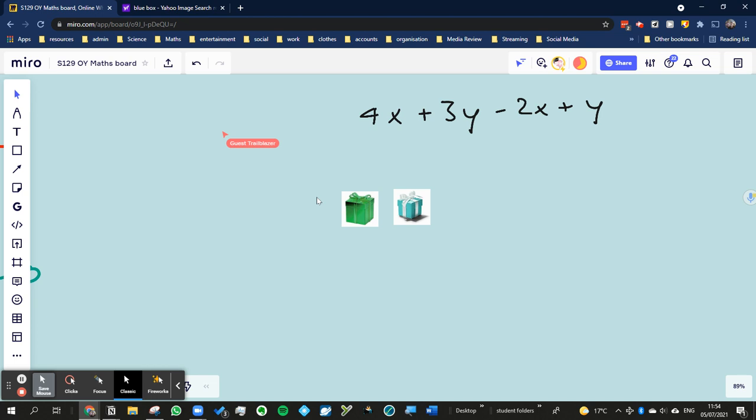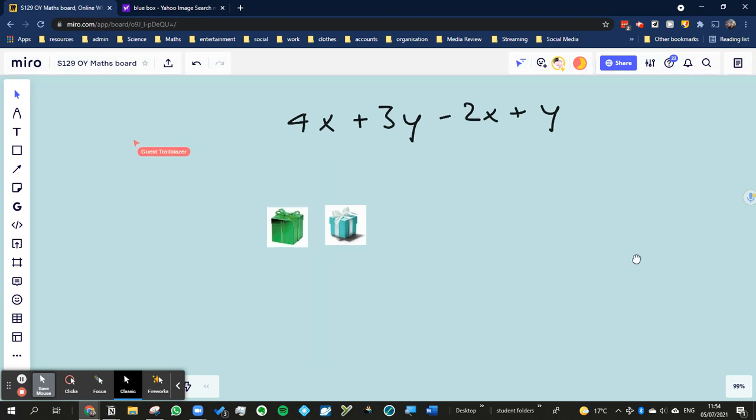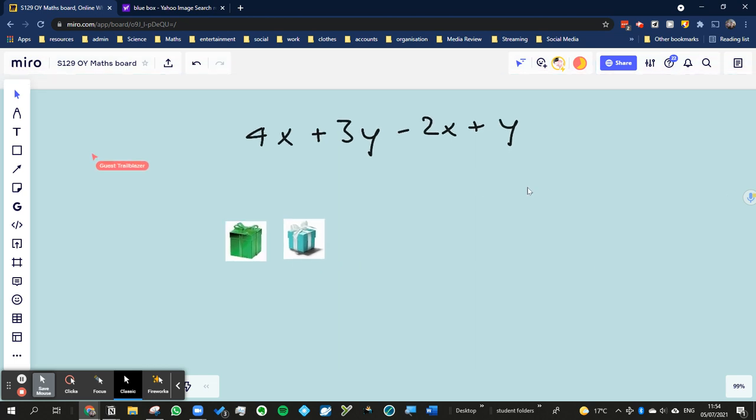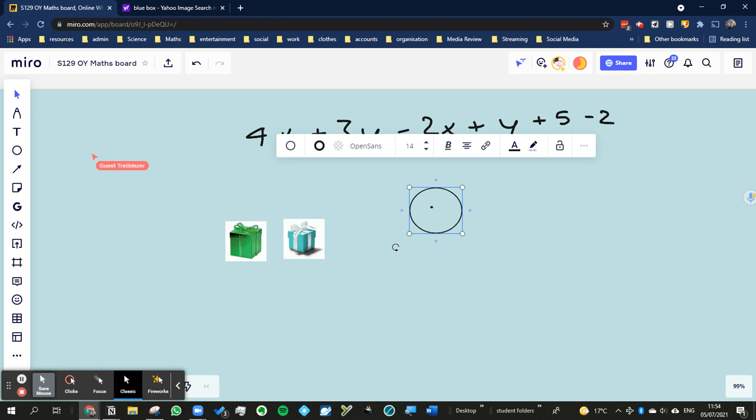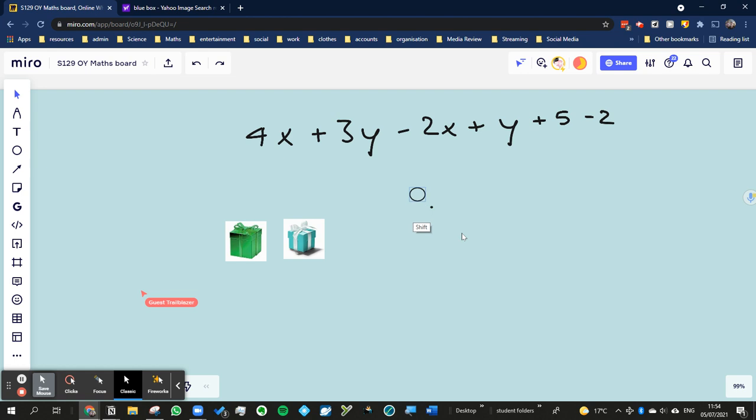So think about the letters as boxes, and I'm actually going to put numbers in this as well. So let's say plus 5, and then we'll say minus 2. So first of all, collecting, we've got x and y's, and then we've got numbers. The numbers can be, we can imagine there being these yellow balls.